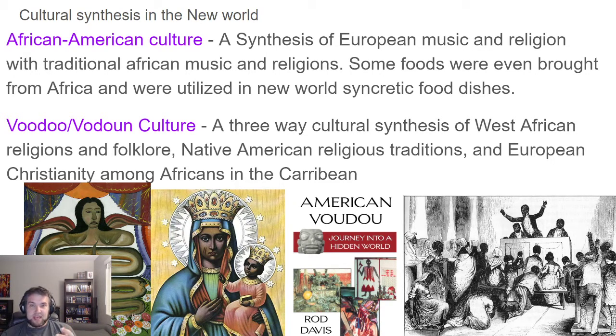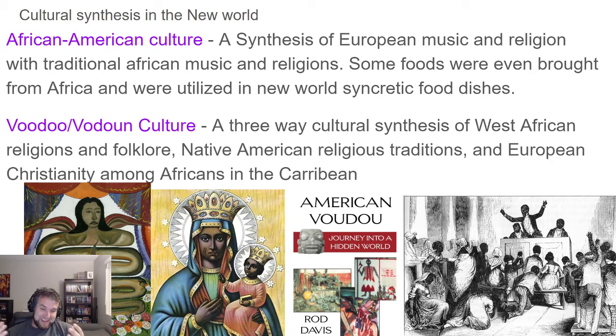And the same thing with how once Africans got their hands on European musical instruments, they created all kinds of new styles of music. Jazz comes to mind, blues comes to mind, and that later evolves into R&B, hip-hop, and rap. It all is a mix of two worlds of music that develops over history. Some foods are even brought from Africa and utilized in New World syncretic food dishes.